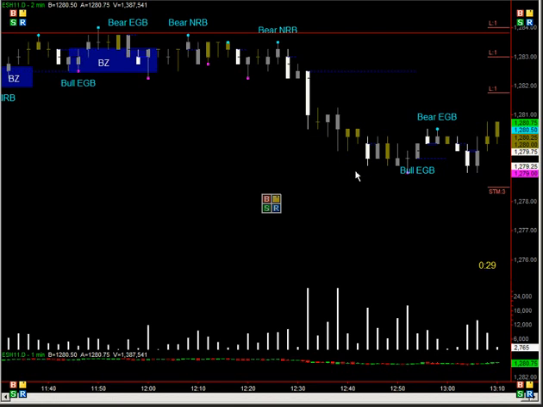As you know, with my style of trading, I don't use red and green bars anymore. I use static and dynamic bars. All the olive and gray bars are static bars, and the white bars are dynamic bars.